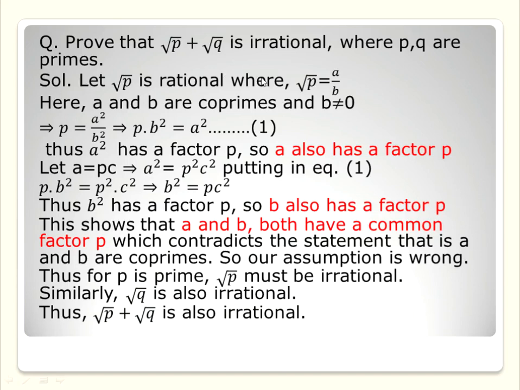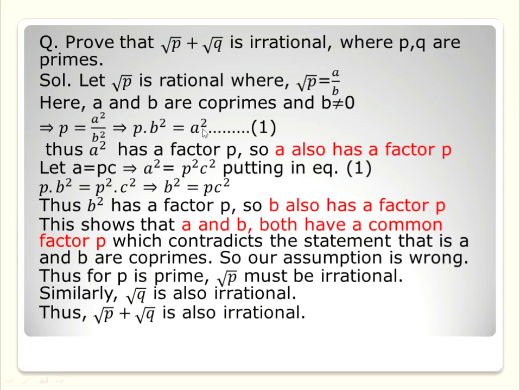Let root p be rational, where root p can be written as a upon b. Here a and b are co-primes and b not equal to 0. So we square both sides. The value of p equals a square upon b square. This gives p into b square equal to a square, equation 1. Thus a square has a factor p.